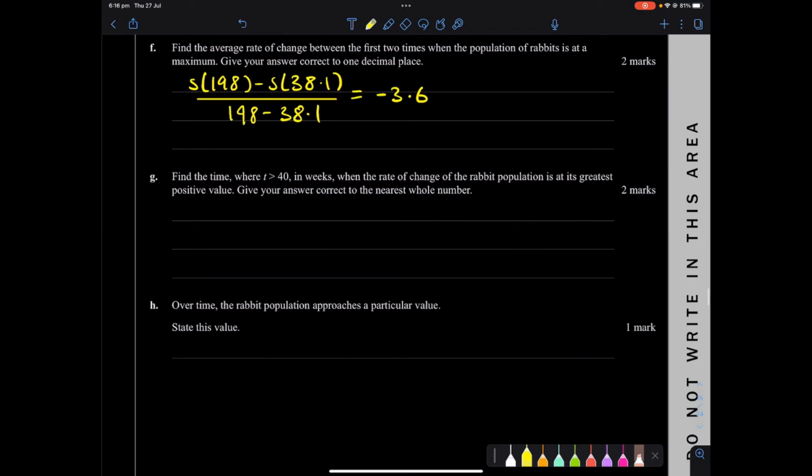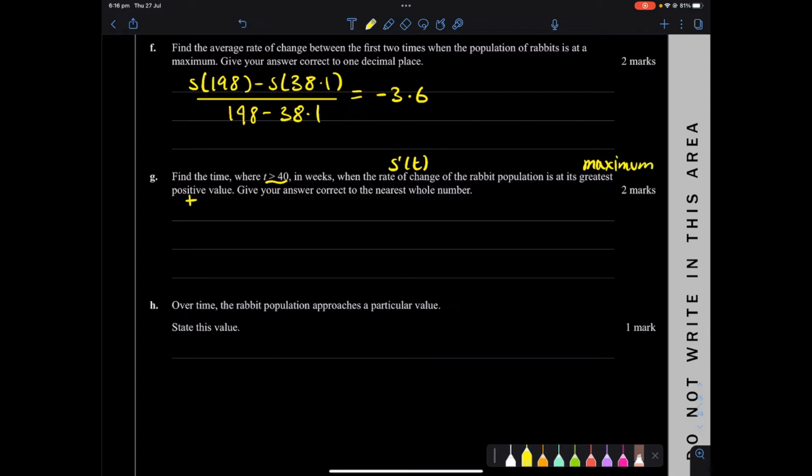Next question. Find a time where t is greater than 40 in weeks where the rate of change of the rabbit population is the greatest positive value. So rate of change means S dash on t. We want S dash on t of the rabbit population to be at its greatest, so maximum positive value.